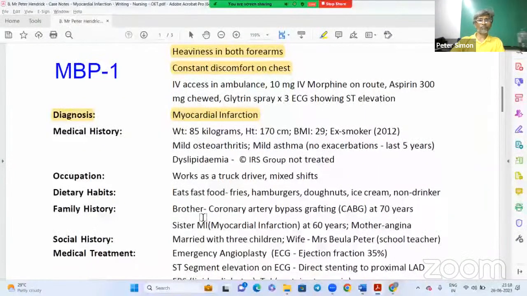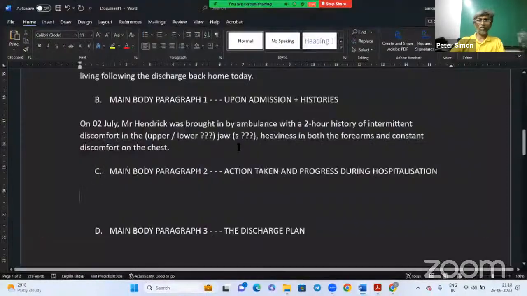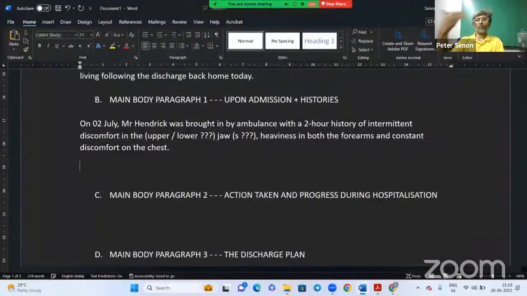For example, works as a driver and mixed shifts. This is necessary because you are writing their profession, occupation. This is important. Works as a truck driver, mixed shifts. For the occupational therapist, you can write this one here. So histories, you can write about here.